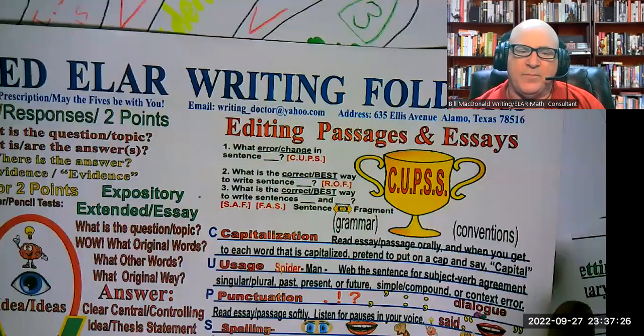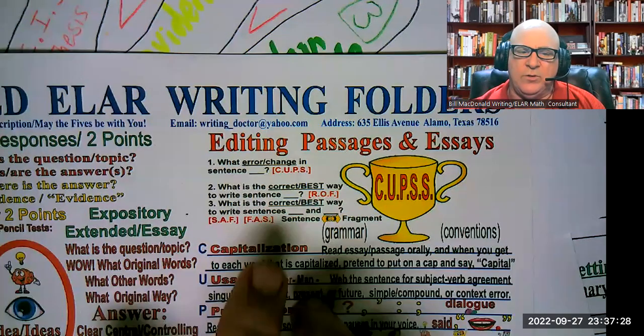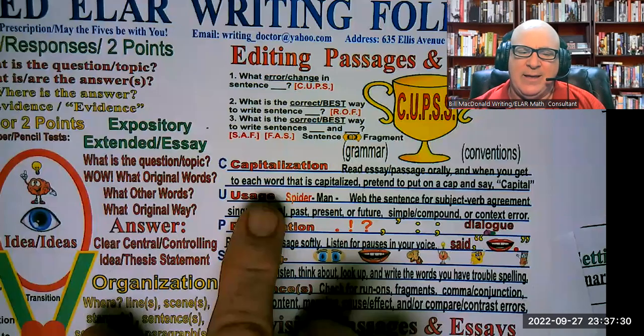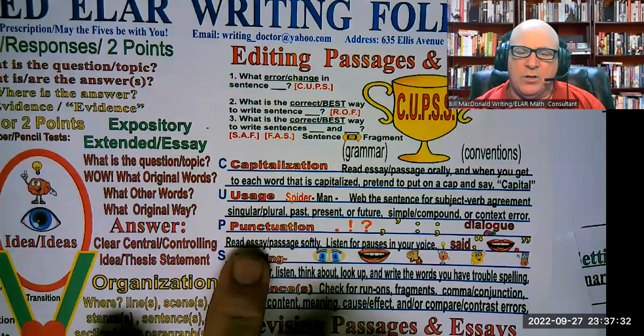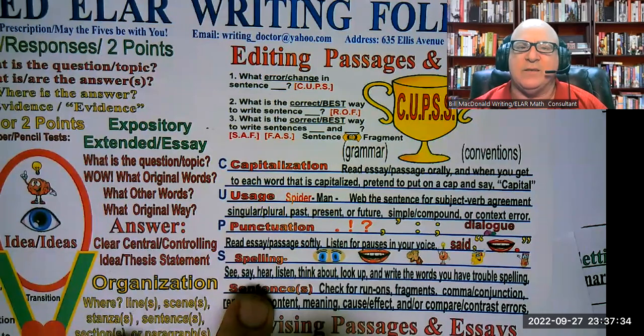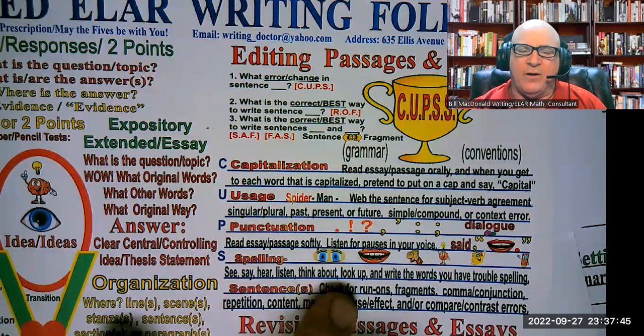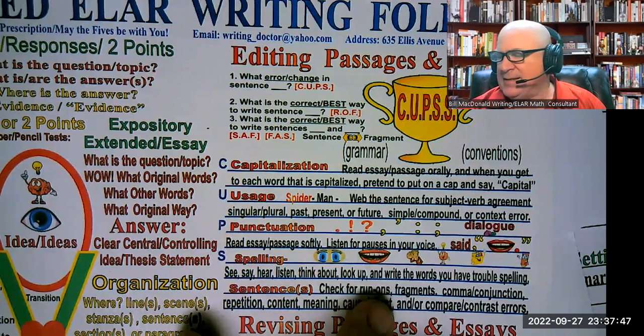What is CUPS? Capitalization, usage, punctuation, spelling, and either sentence structure, how the sentences are made in terms of simple, compound, complex, or sentence boundaries, making sure that you don't have run-ons and fragments. That's the editing part.